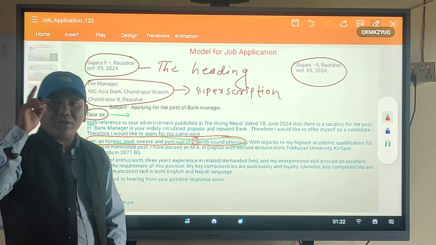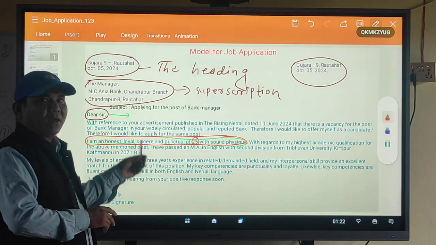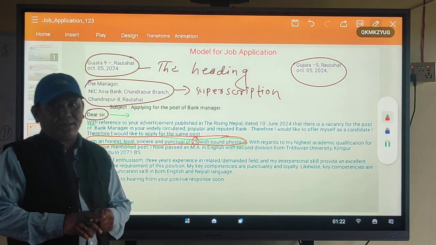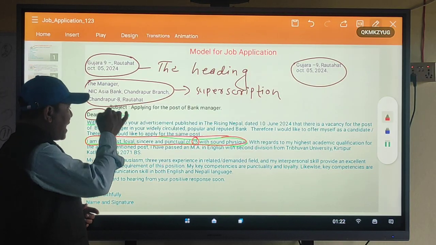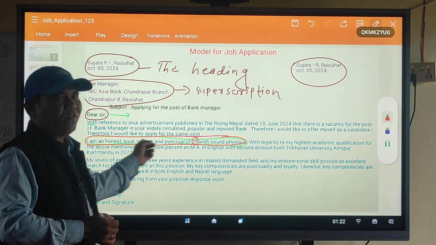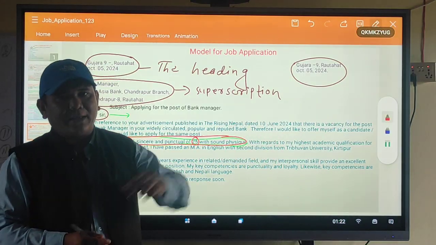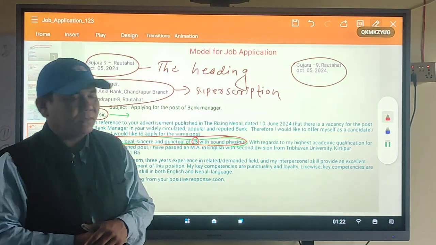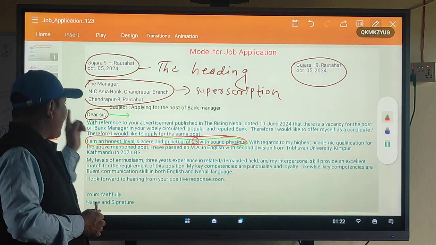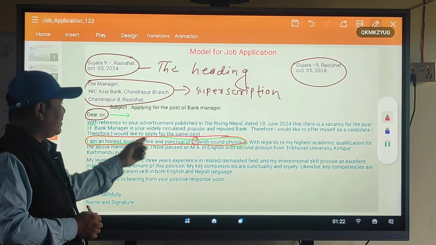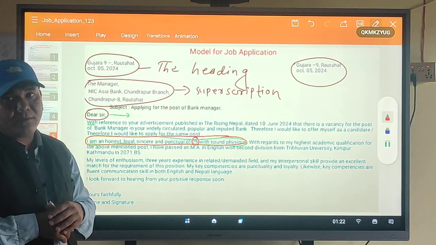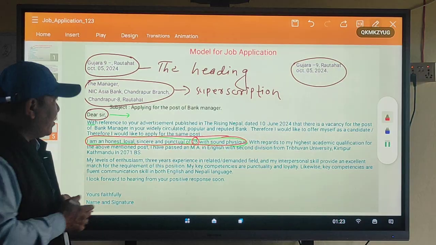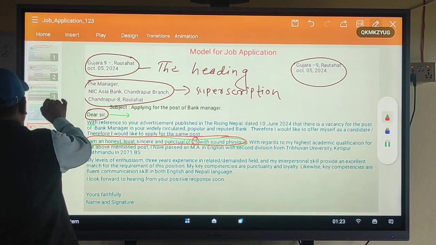But I recommend you all to copy it as it is, because this is a short and best intro of an applicant. I am an honest, loyal, sincere and punctual of 25 with sound physique. Isn't it? Okay, now let's move ahead.